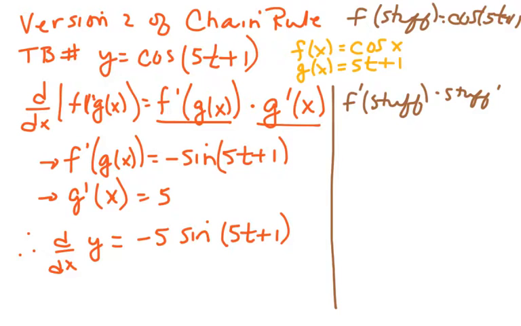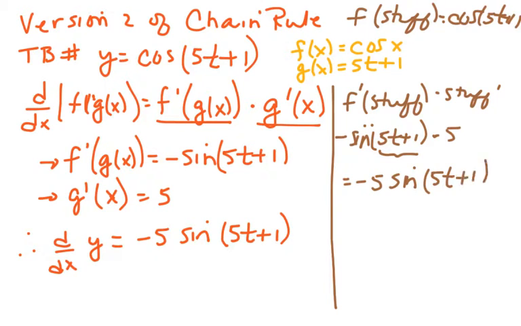It's a little messy there. But again, the derivative of the outer function is negative sine of 5t plus 1 times the derivative of the stuff, and the stuff inside is 5. So this is negative 5 sine of 5t plus 1. So it's a little easier, and as you get fluent with the chain rule, you will more than likely be using something along these two rules.